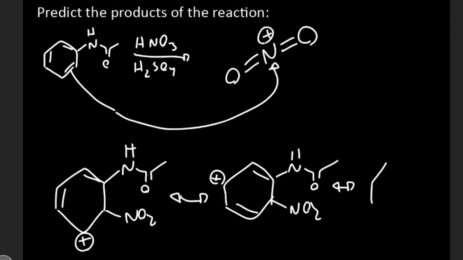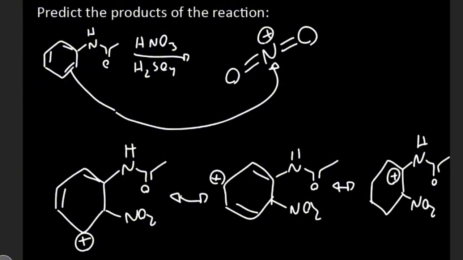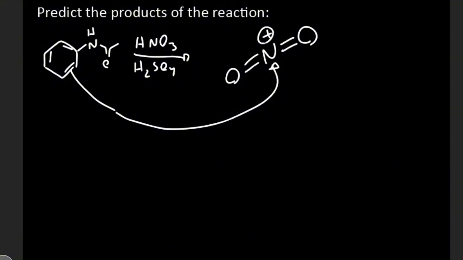One resonance structure would provide stabilization because he would put the positive charge right here on the amide group. And the reason this stabilizes is because this amide group is able to then donate in. And because we have this resonance structure right here that has that stabilization on the carbocation, the ortho position is going to be a favorable position for attack.